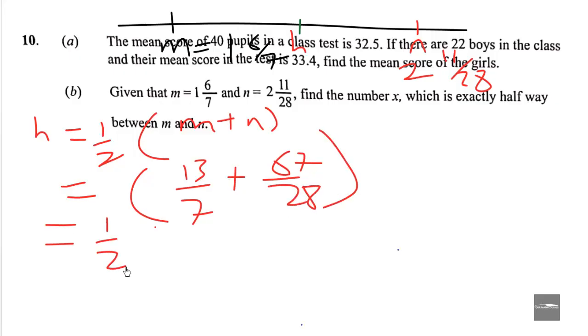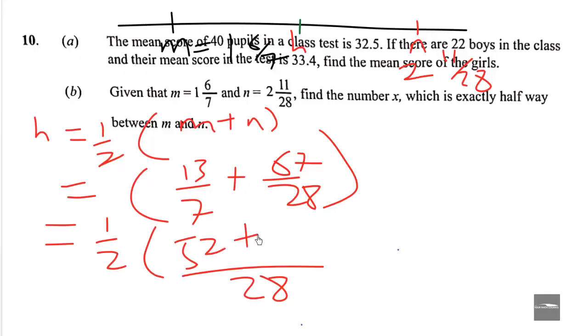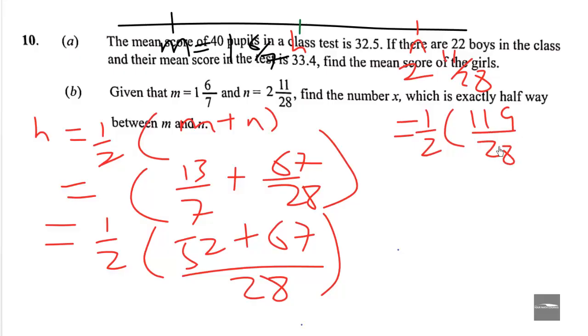So we have half of the sum. The LCM here will be 28. Then we know that 7 will go into 28 4 times, 4 times 13 is 52. Then 28 will go into 28 once, times 67 is 67. So this will be equal to 1/2 of 119/28, or 119/56.